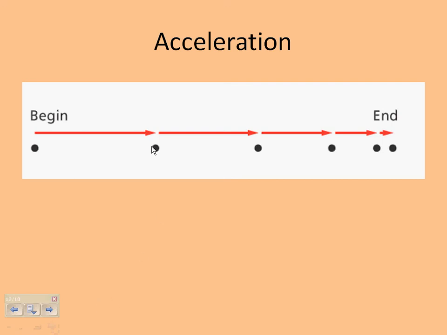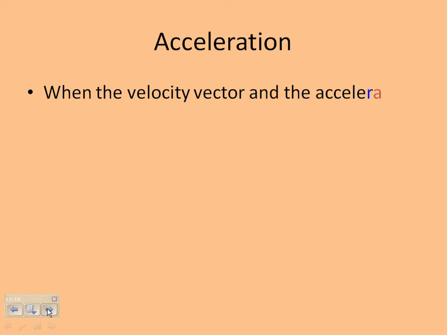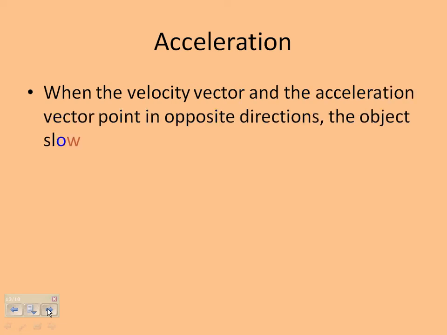Here's our decreasing acceleration. Dots are getting closer and closer. If we look at this, we have a decreasing acceleration. When the velocity vector and the acceleration vector point in opposite directions, the object slows down.